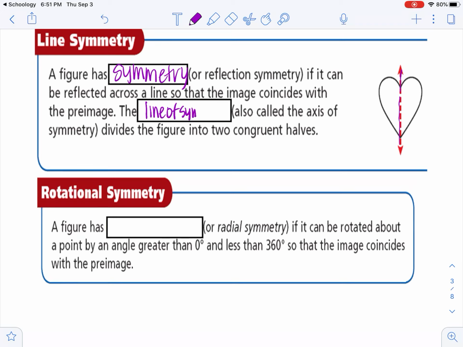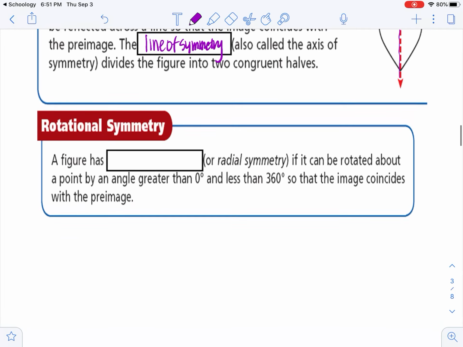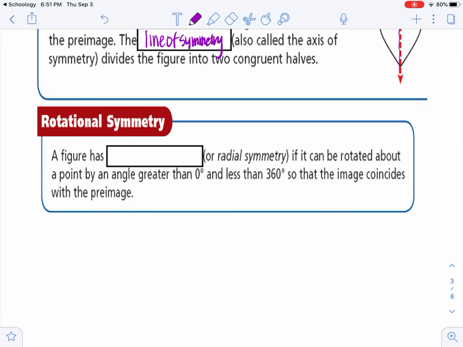The line of symmetry divides the figure into two congruent halves. The line of symmetry is also called the axis of symmetry. When we're working with parabolas in the next chapter, the line going right down the middle of it is called the axis of symmetry. But if you look at it, it's a line of symmetry.